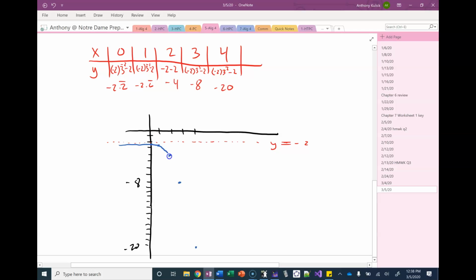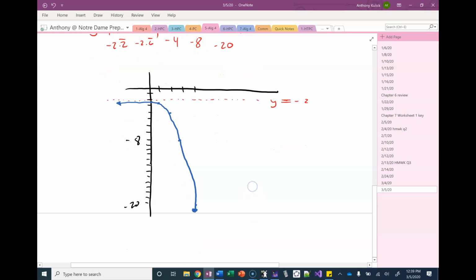So when I draw my graph, I should have something that looks like this, with arrows at both ends of my graph. And then the last thing I need is a domain and range. Well, the domain for all exponential functions is -infinity, +infinity.